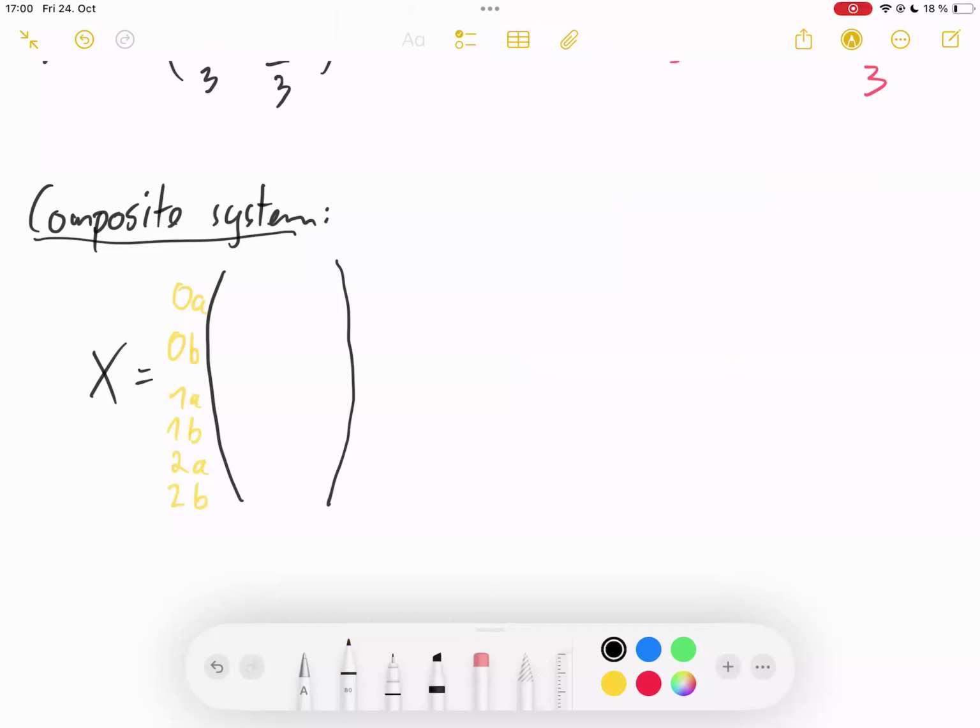And I'm just putting in some probabilistic values in here that are just coming from one example. So 1 divided by 18, 0, then 2 divided by 18, 1/3, and 0.5. And finally, this 1 divided by 18, 2 divided by 18, 1/3 and 1/2, it will just add up to 1. So this is a valid state.